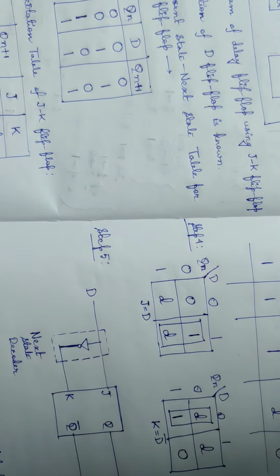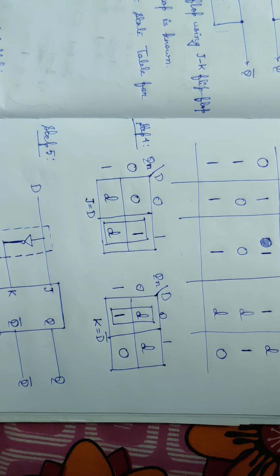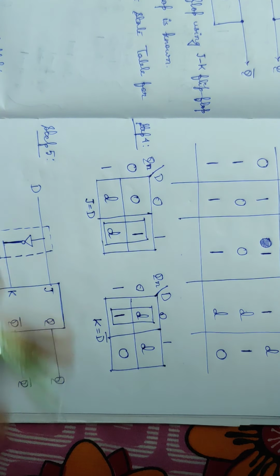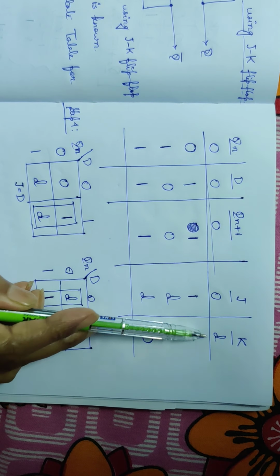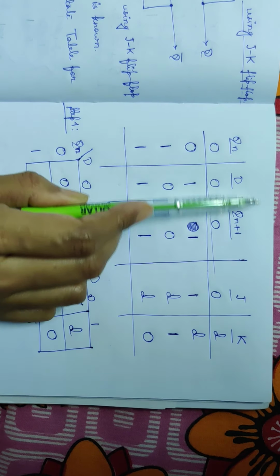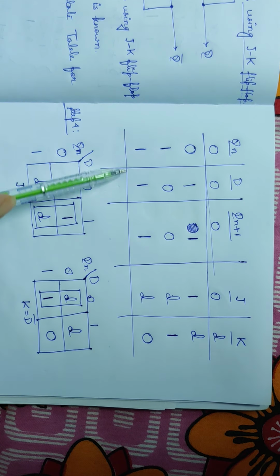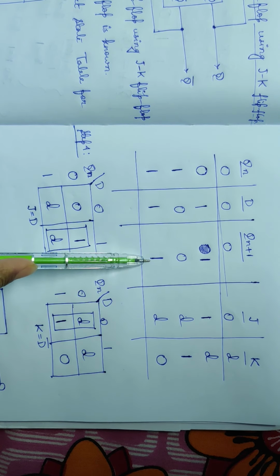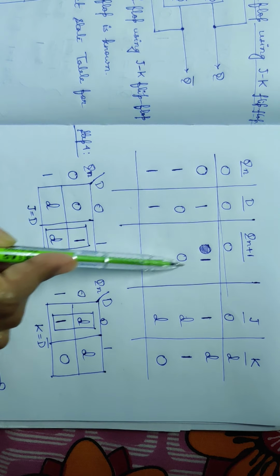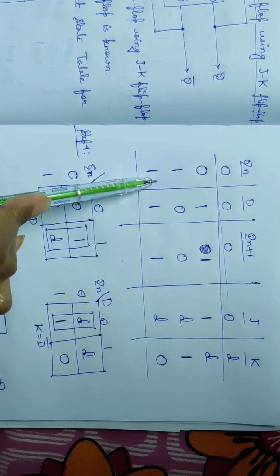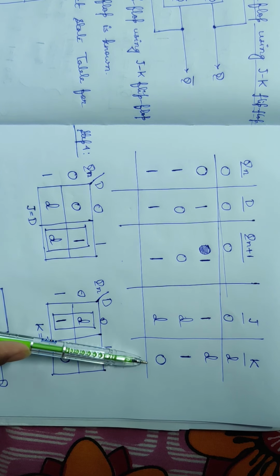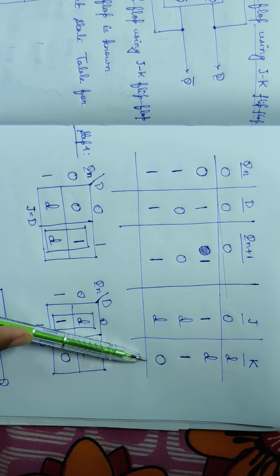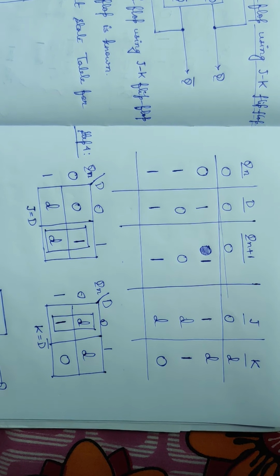Now what we have to do is append the values of J and K to this present state next state table of the D flip-flop. You can see this table here. The first 3 columns consist of the present state next state table of the D flip-flop, and the 4th and 5th columns are the J and K inputs respectively. How to form this table?